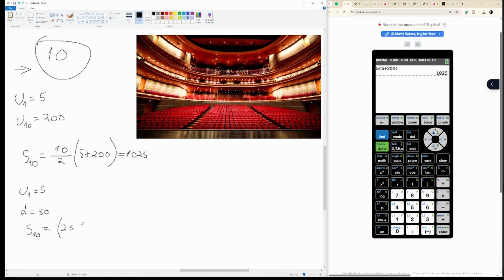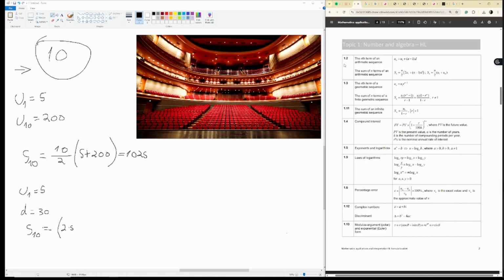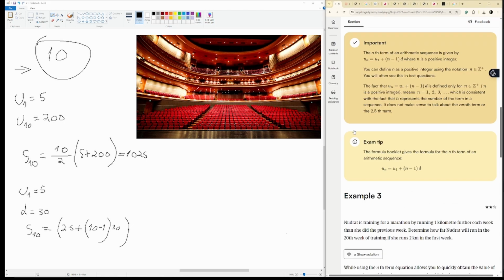You can also check it. I will put it up for you. And plus n minus 1, which in this case is 10 minus 1, times 30. And you will also get a similar answer.